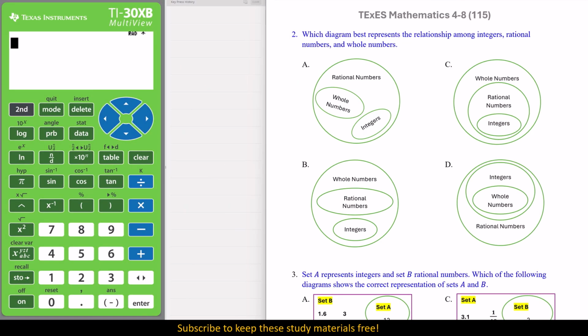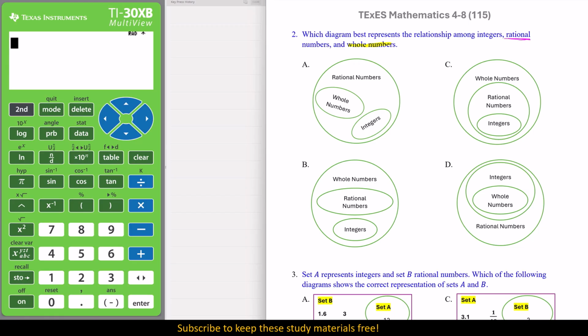Number 2, which diagram best represents the relationship among integers, rational numbers, and whole numbers? Now, if you remember what was discussed prior, whole numbers are a subset, meaning they're within our rational numbers.